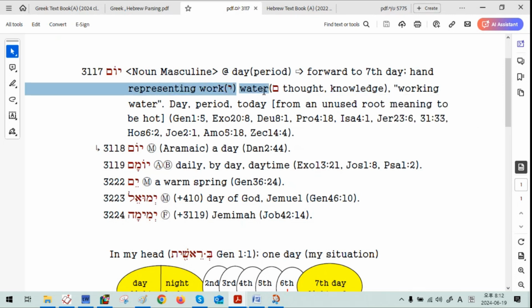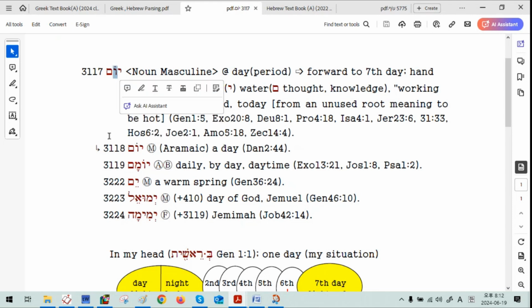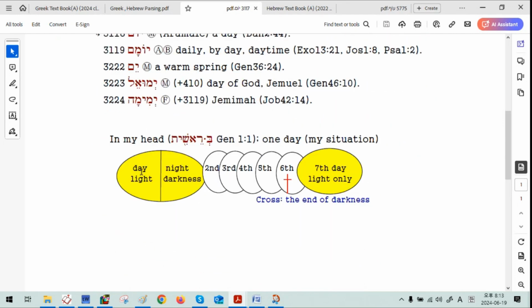So working the water, through whom? Through the mediator. The Vav is the mediator, right? So working the water through our mediator, who is Christos Jesus. That is the 7 days process.